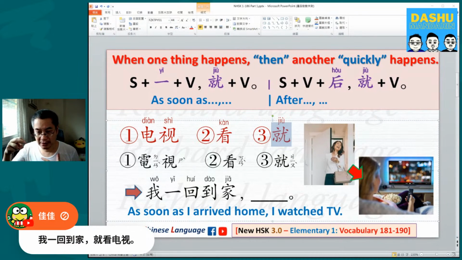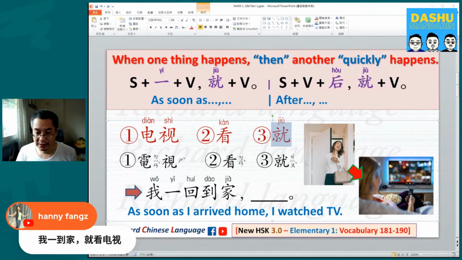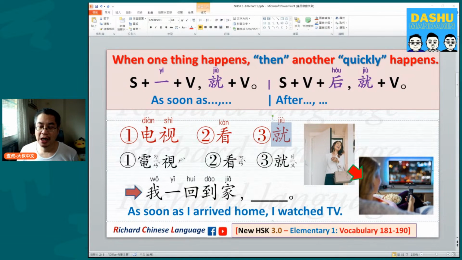So remember, this use is like a quick or fast response to the first action. So feel it, okay? 我一回到家就看电视. So that's the first use.